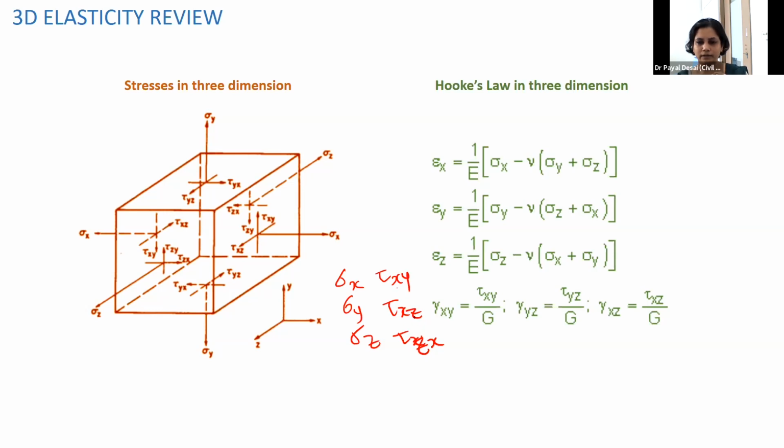Sorry, zx and zy will be the same. So the planes will be xy, xz, and yz. So 6 stress components, 3 normal and 3 shearing stress, and there are sign conventions.